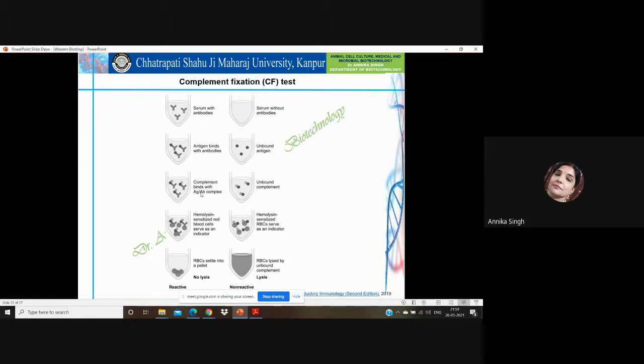It forms an antigen antibody complex, and the complement also binds with the antigen antibody complex, and there is no free complement which binds with the sheep RBCs and anti-sheep RBC antibody complex.